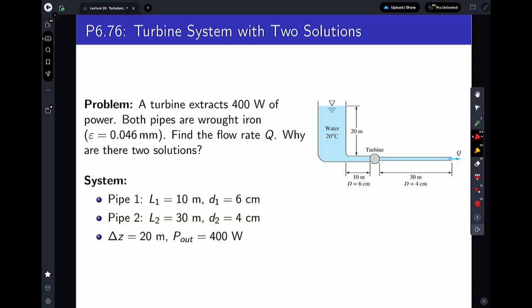They're attached to a tank which has 20 meters of water at the top. In between there is a turbine. The turbine is going to take power out of the system, and you are associating that with a pressure drop. And you have a delta Z of 20 meters and a power out of 400 watts.